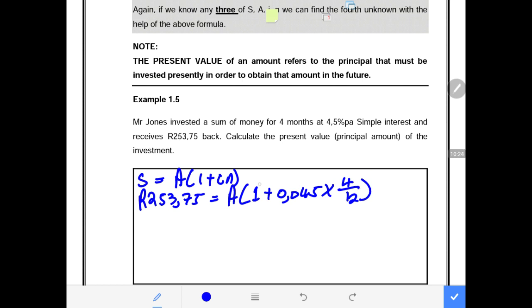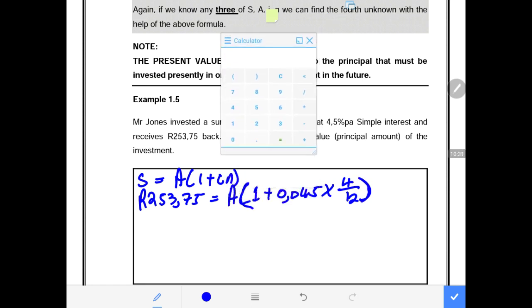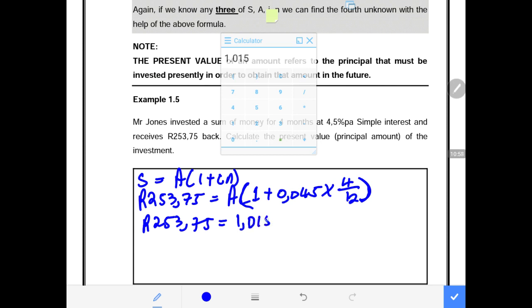So now we have to first deal with the brackets. Remember BODMAS, we first deal with the brackets. Then we say 1 plus 0.045 times 4 divided by 12. Then this will be 253.75 equals 1.015A.